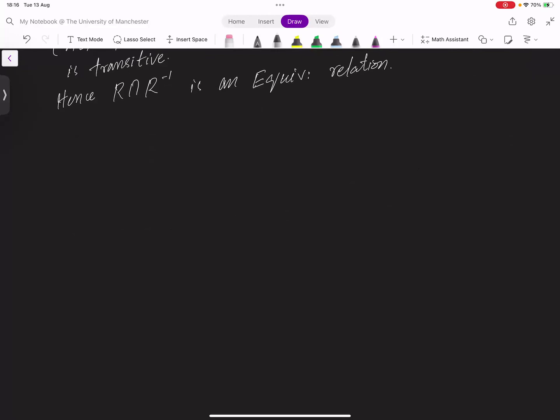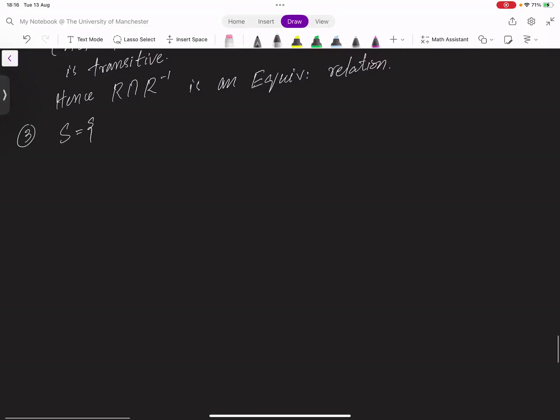Now, number 3. Let's give an example of an equivalence relation on a set S. We have a set, let's say 1, 2, 3 up to 8, such that R has exactly 4 equivalence classes.